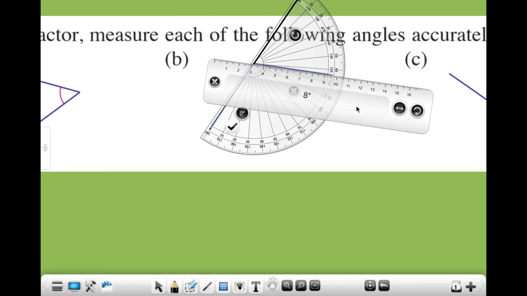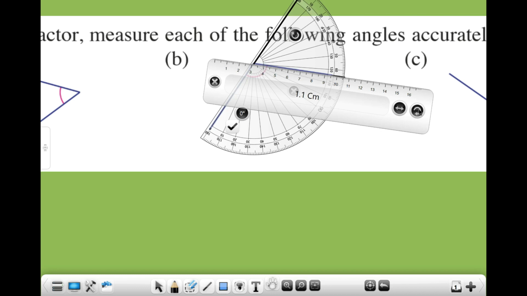So you can read the value somewhere on this point. So just now it is 110. You just need to add on 111, 112, 113, 114, 115, 116. So the answer is 116 degree. You can draw the line like that.